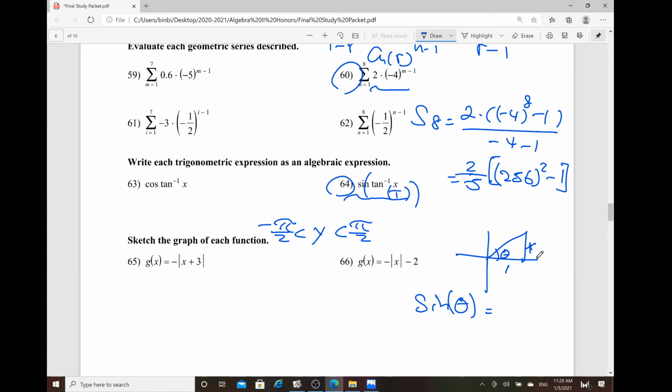Sine of theta is opposite over hypotenuse, but we don't know the hypotenuse. Well, we can find the hypotenuse in terms of x. The hypotenuse is given as the square root of x squared plus 1 squared, or x squared plus 1. So using the ratio, sine of theta, opposite over hypotenuse, is written as x over the square root of x squared plus 1.